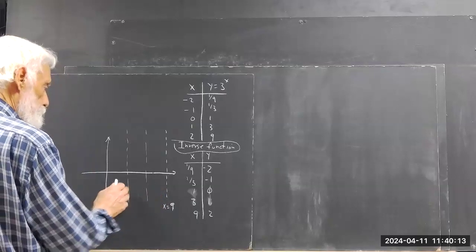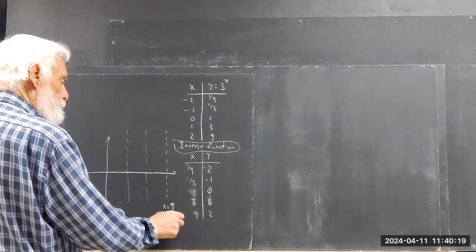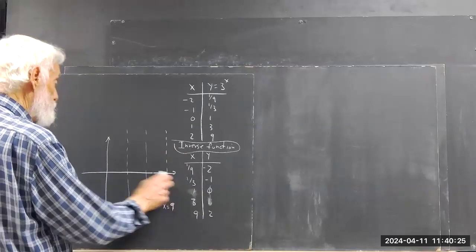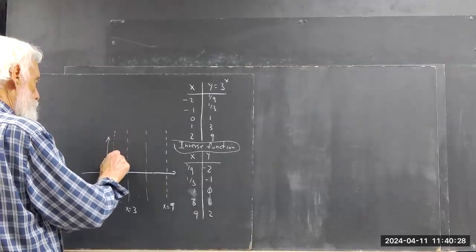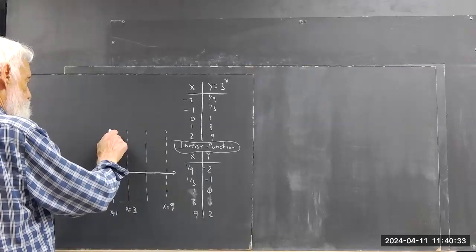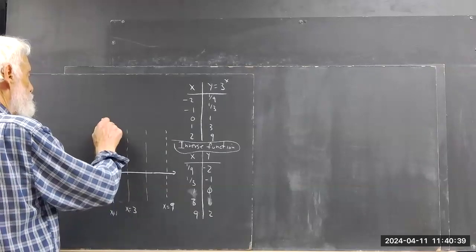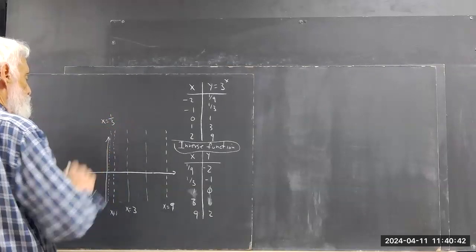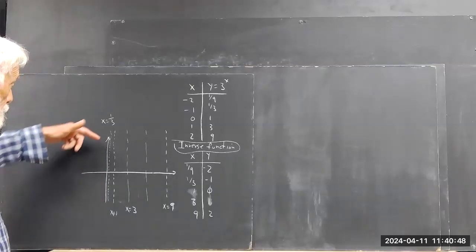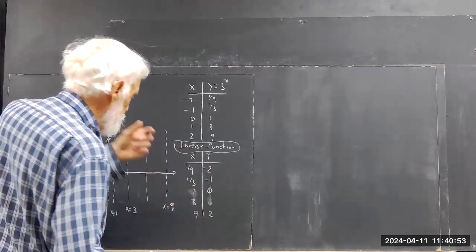We don't really need x equals 6. We just need to divide things up pretty evenly. There's x equals 9. We need x equals 3, because it's in the x column. And x equals 1. And then we can actually do x equals 1/3. x equals 1/9 is too close to the y-axis to really draw, so I'm not going to try to draw a line with that. But we'll figure out what to do in a minute.